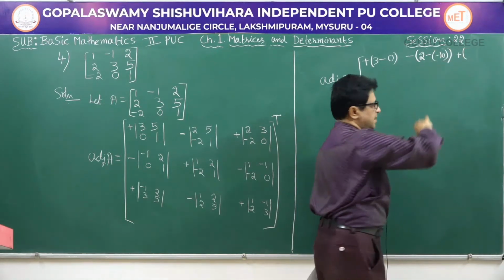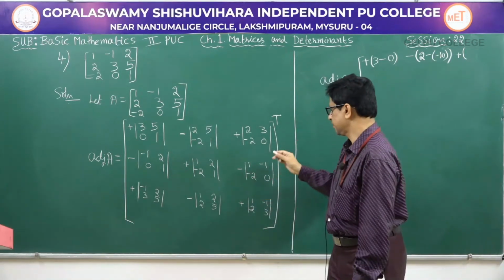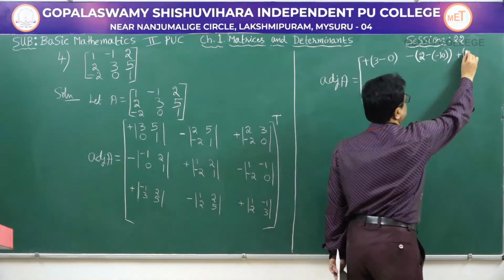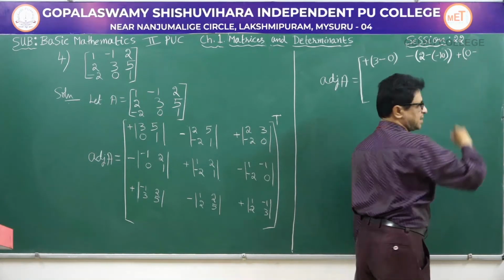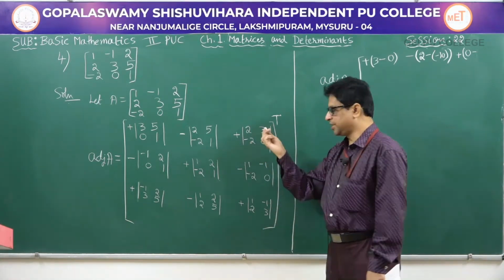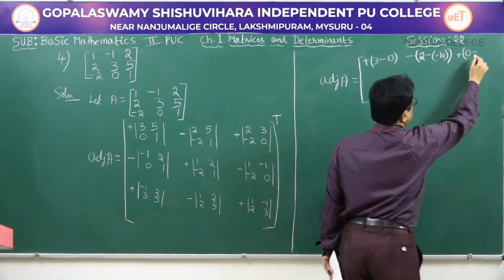Next plus 2 into 0, 0, minus -2 into 3, minus 6.